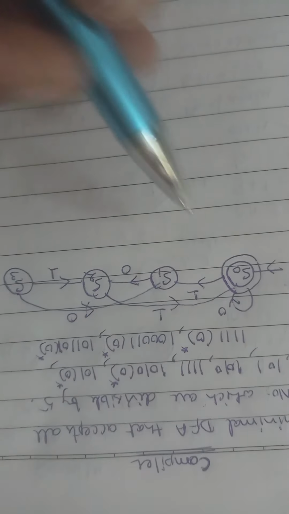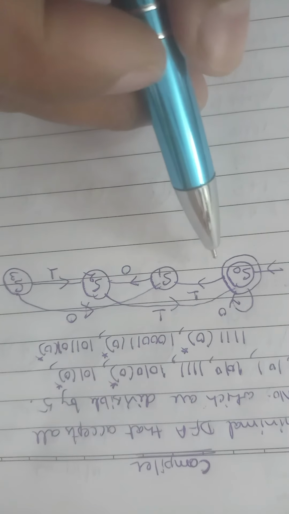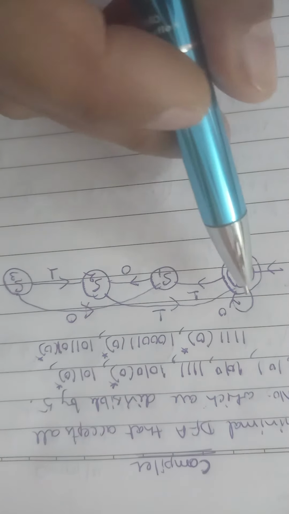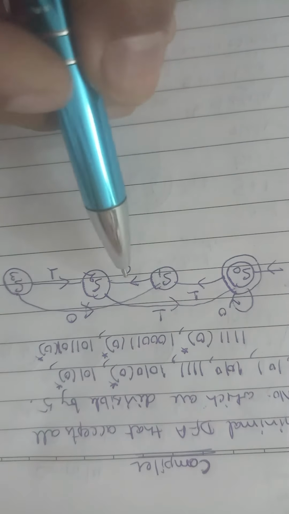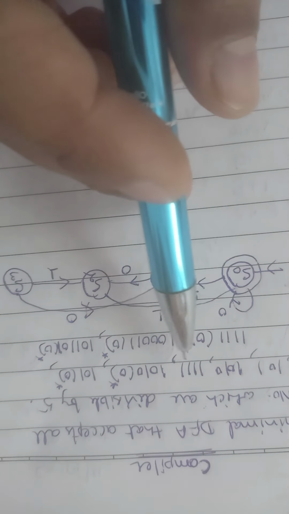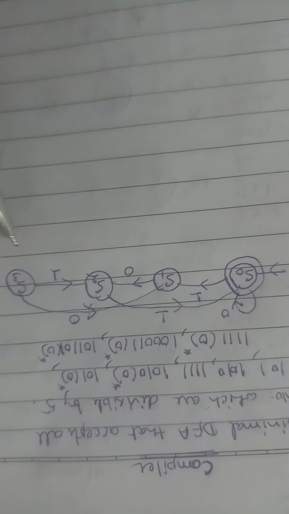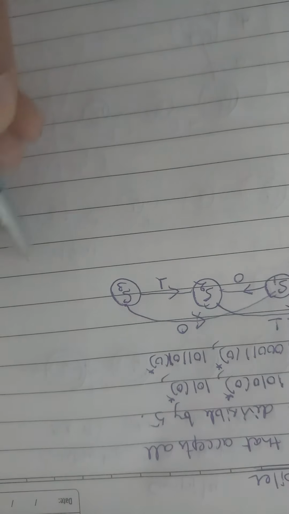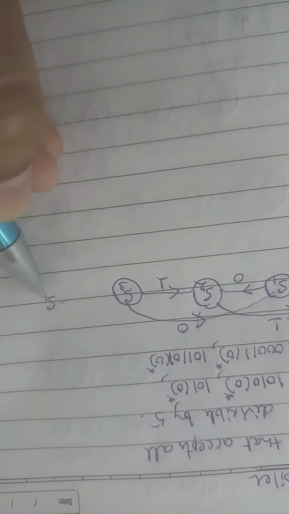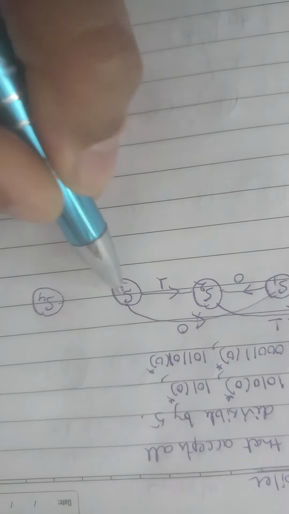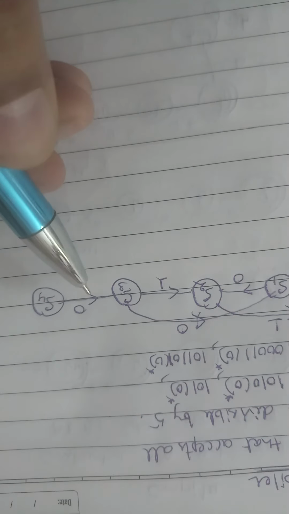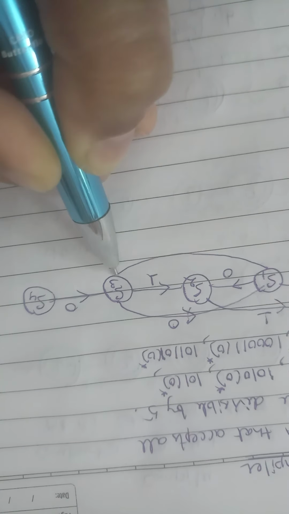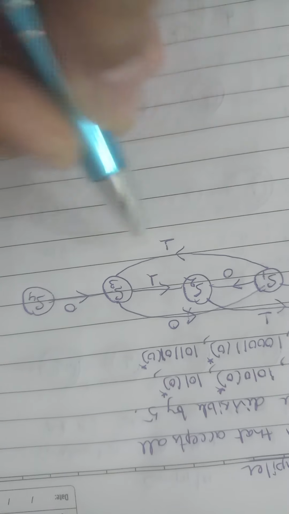Now what can we get? 1 0 1 1 0, 1 0 1 0 1 and 1 0 1 0, and now we require 1 1 1 1. So we can make another transition from S3 to S4 on 0, and we make a transition from S1 to S3 on 1.